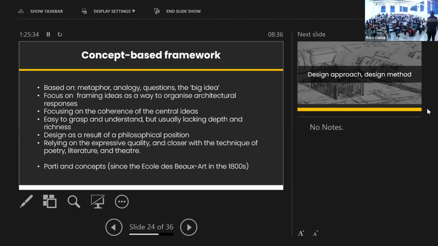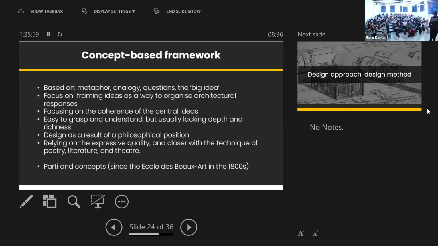it's difficult because it comes with the idea of concept or form first, based on metaphor, analogy, question, the big idea, focusing on framing ideas as a way to organize architectural responses, focusing on the coherence of the central ideas, easy to grasp and understand, but usually lacking depth and richness. And that is why architectural schools don't really teach you this. But probably you can do this because you are still in the lower level, year 2.